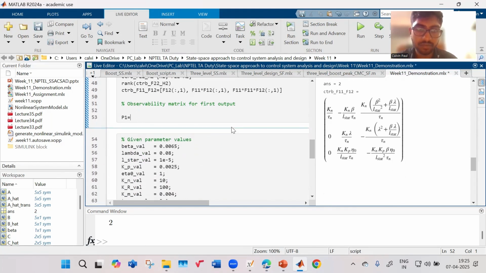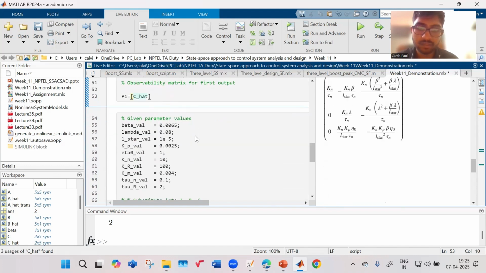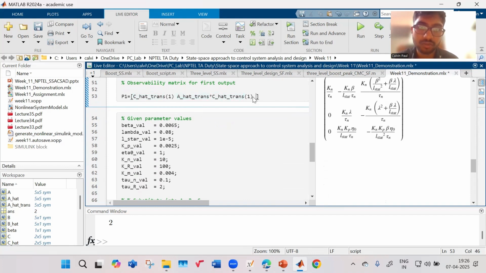So we have P1 is equal to C hat 1, or we can take C hat transpose 1, and then we do A hat transpose into C hat transpose.